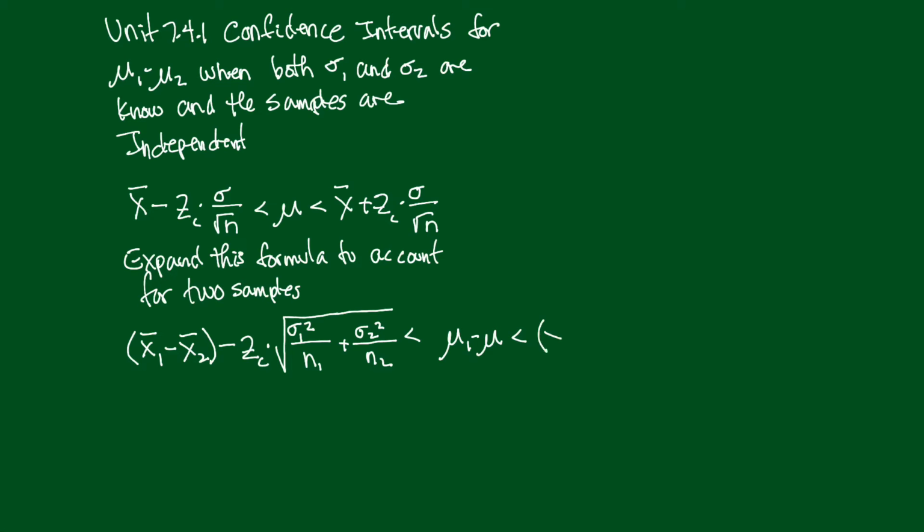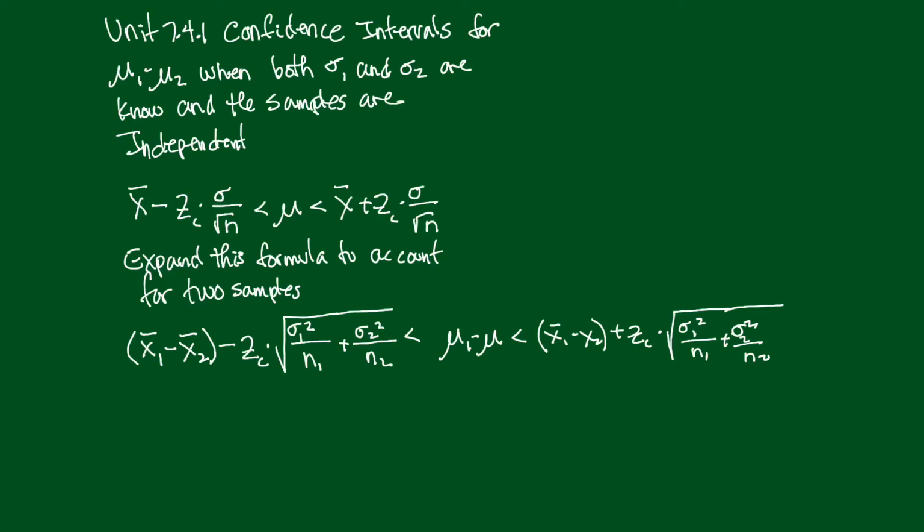So it's going to be quantity x1 bar minus x2 bar plus our critical value times the square root of sigma 1 squared over n1 plus sigma 2 squared over n2.